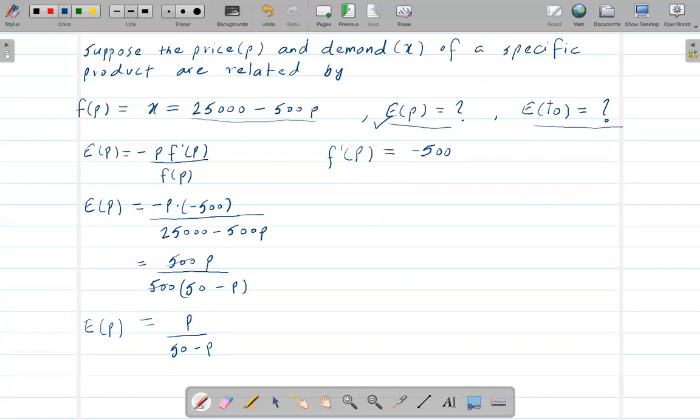Now the second one is easy, right? Once you get E sub P, we just have to plug in this 10 here. That will give 10 over 50 minus 10, which is 10 over 40, which is also 1 over 4.